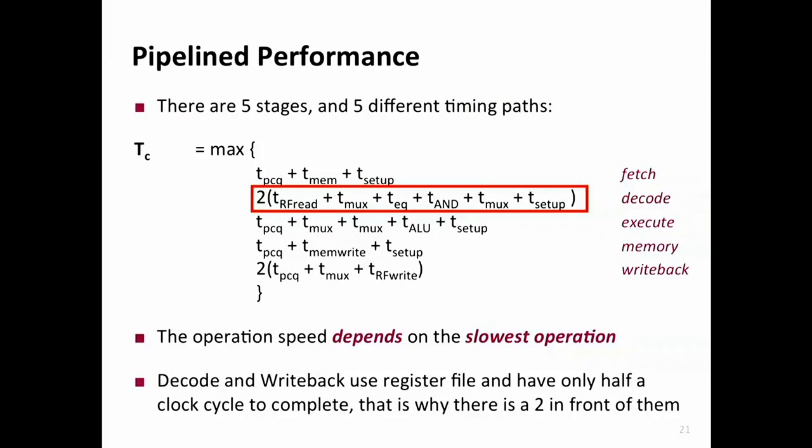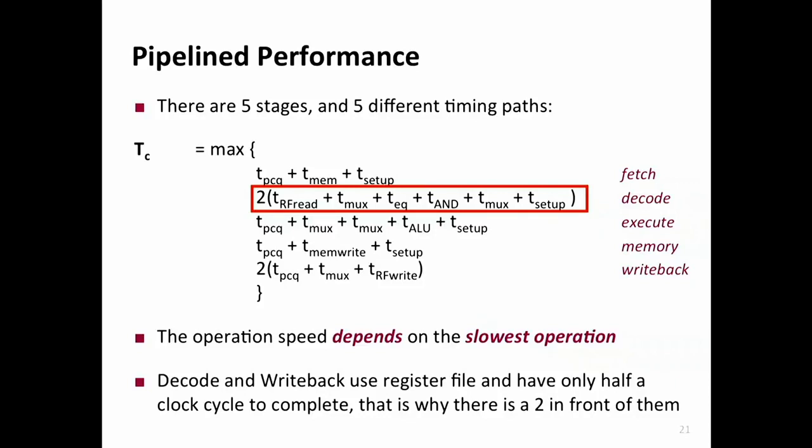That should almost never be the case. In my experience, there is no design in the world that's limited by its decode. Fetch, I understand. Memory access, I understand. I can tell you that you have a good design. But if your critical path is in your decode, then rethink.